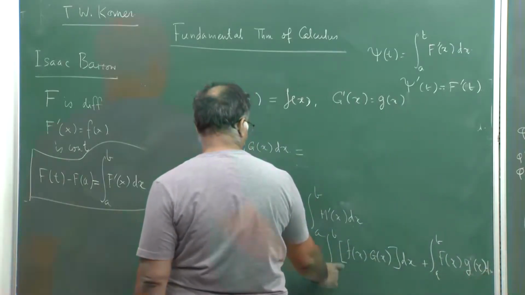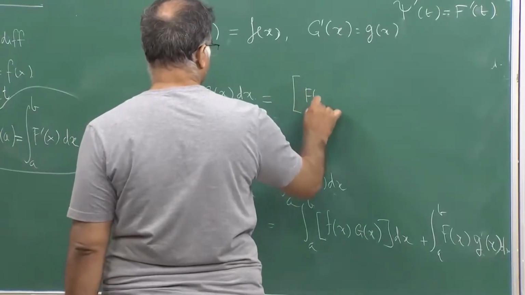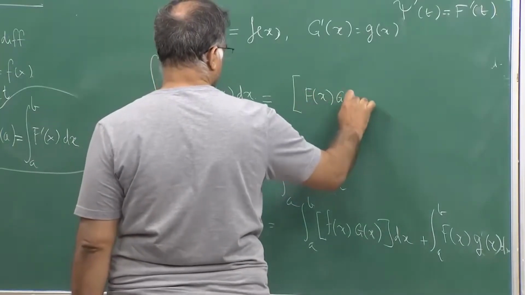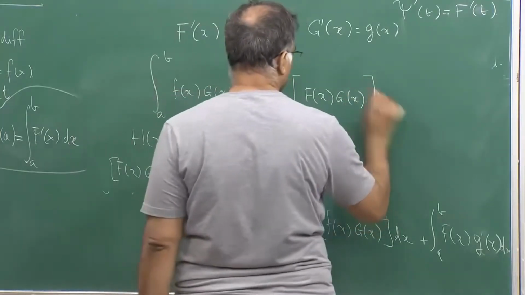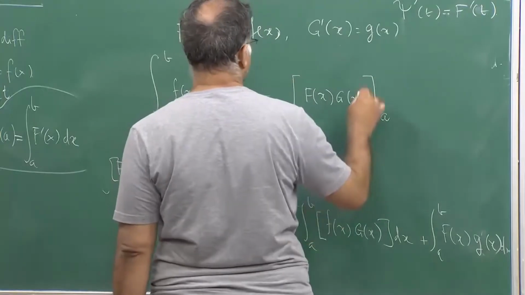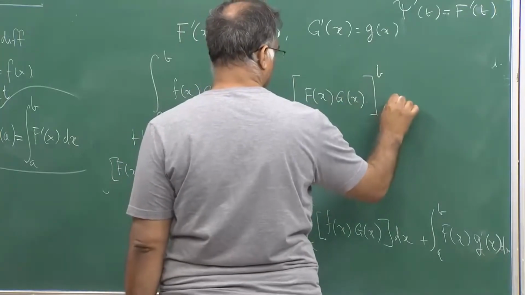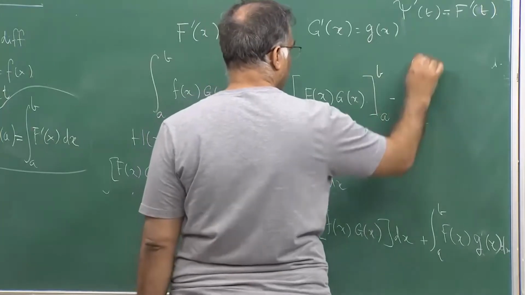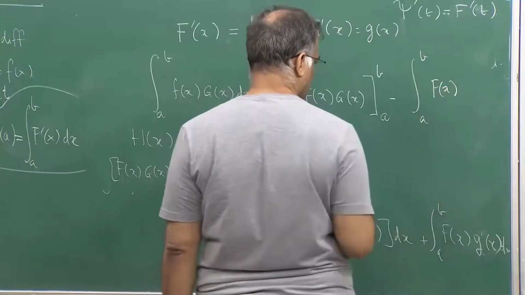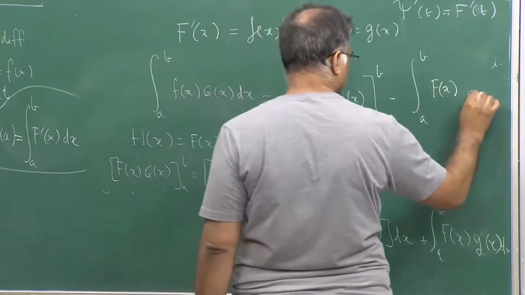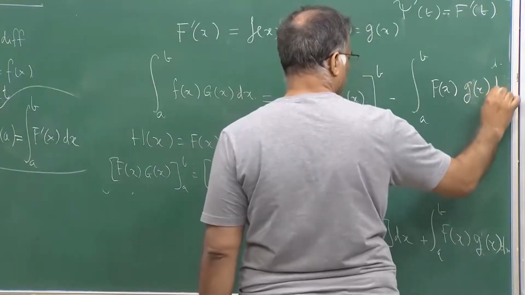If I look at it from this angle, this is nothing but capital Fx into capital Gx, minus the integral from a to b of capital Fx into gx dx.